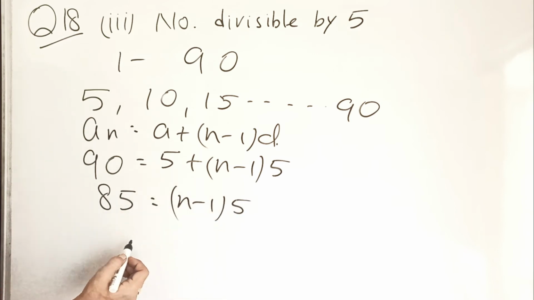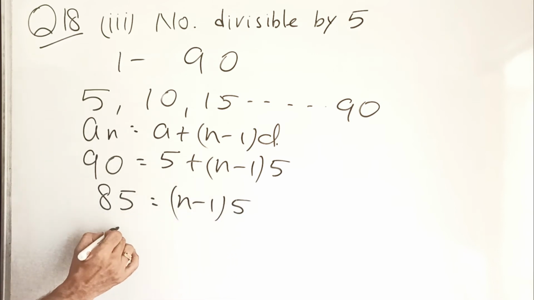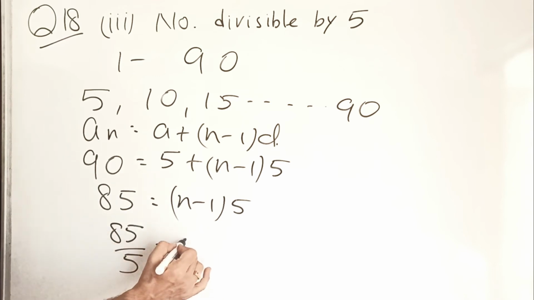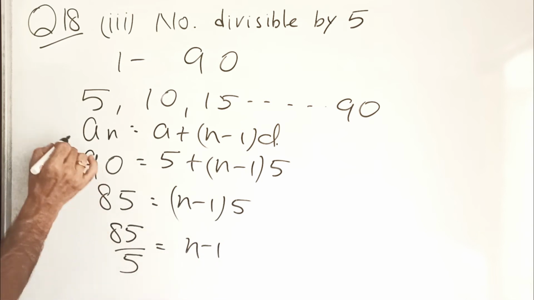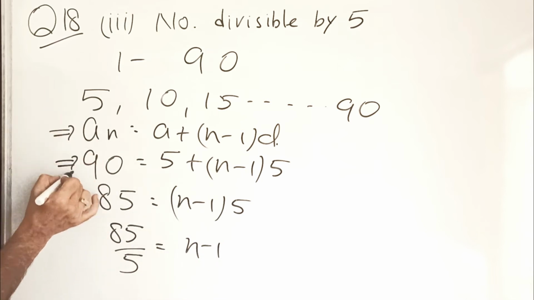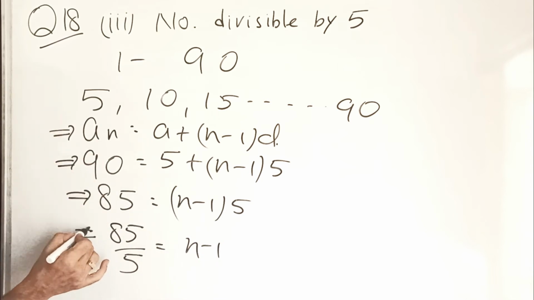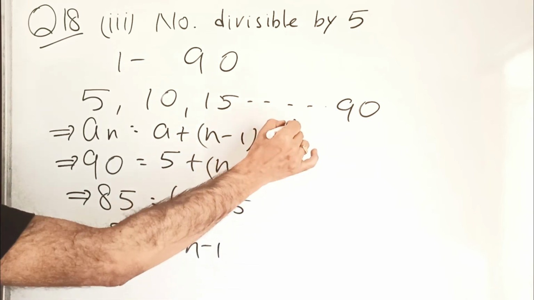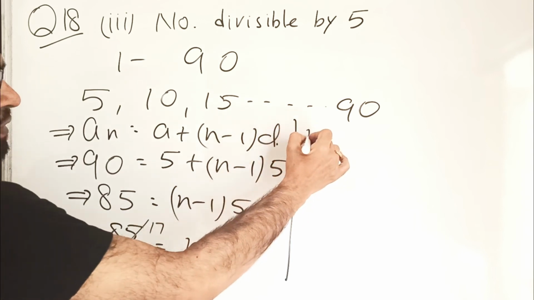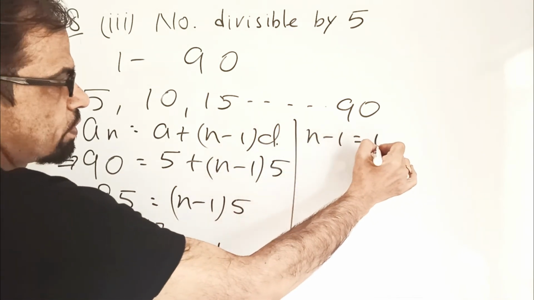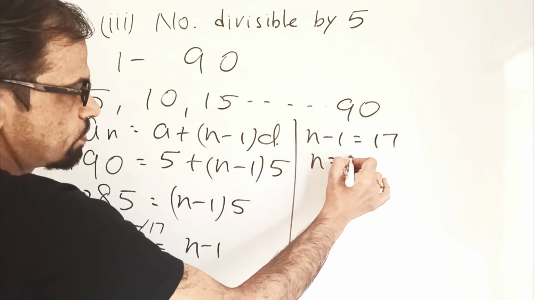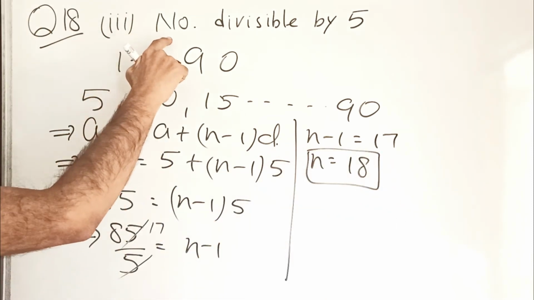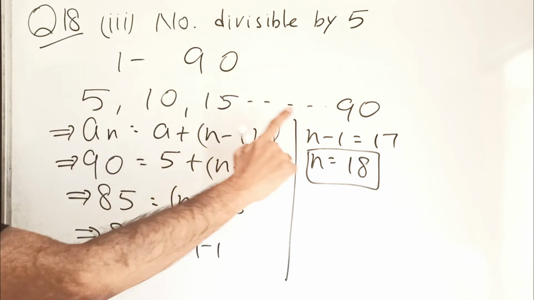So this will be divisible, 85 upon 5 is equal to n minus 1. Okay student, see each step. Now this is coming 17. So n minus 1 is equal to 17, n is equal to 18.